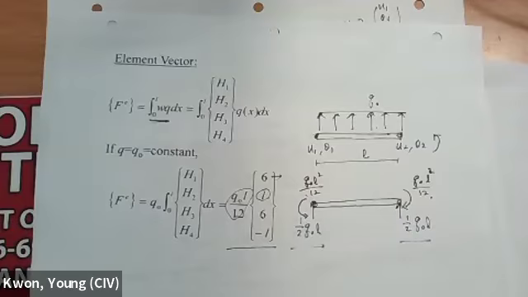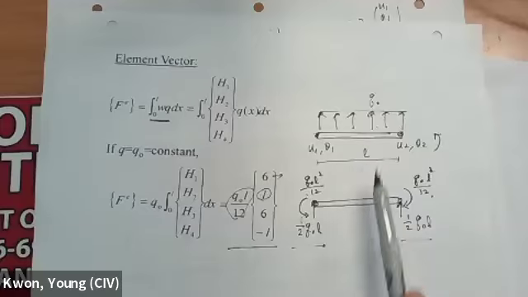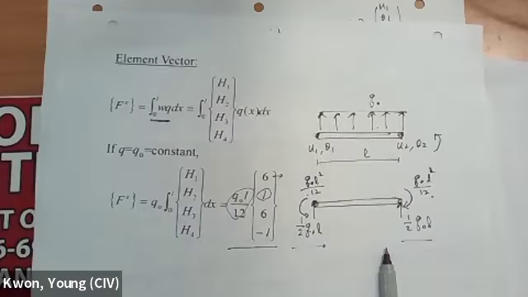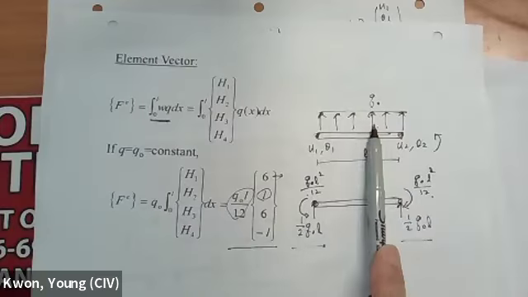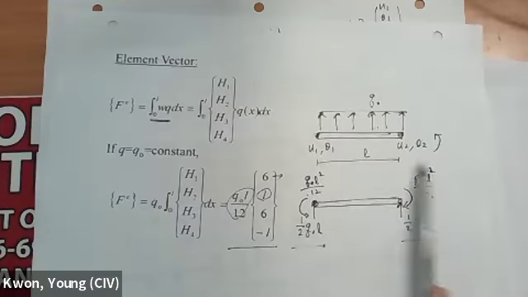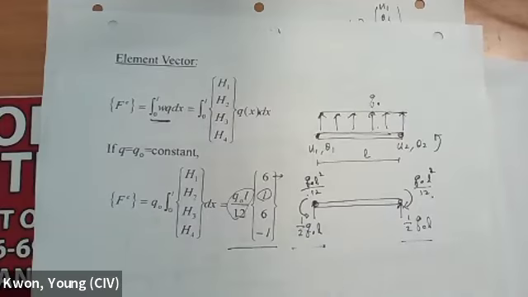Then do you see any relationship between this and that? This is the physically applied load, and in finite element I use, instead of that, a concentrated force and moment there to represent it. Do you see any kind of correlation between the two?